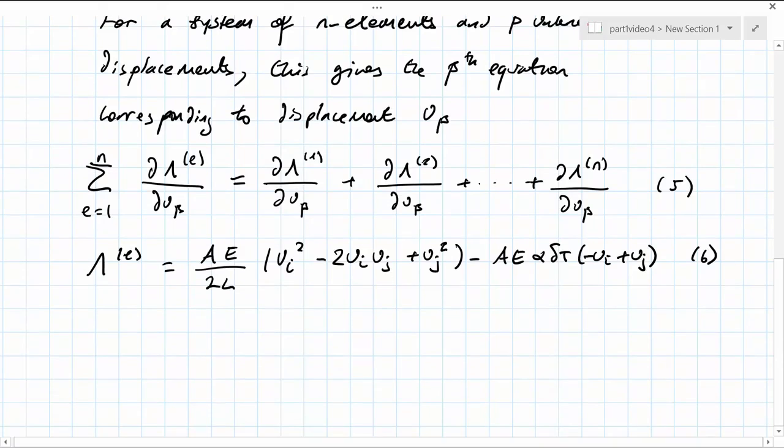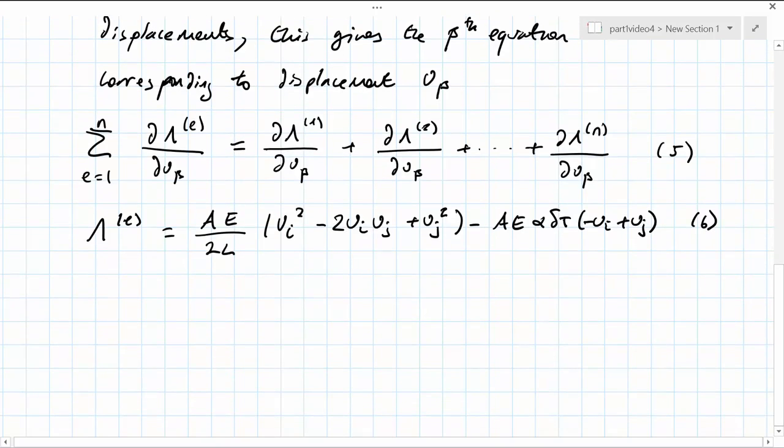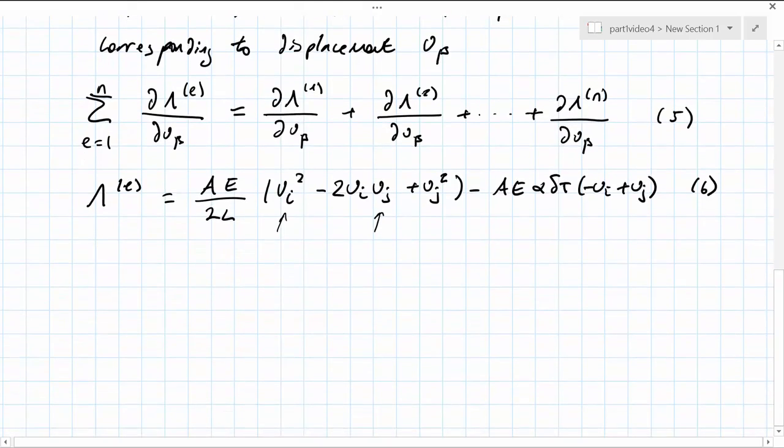In this, we've actually ignored the final term that was derived in the last video, as it doesn't contain either Ui or Uj. What we can see here is that this expression is only a function of Ui and Uj. Everything else in this expression is a constant. From this then, we're able to conclude the following.